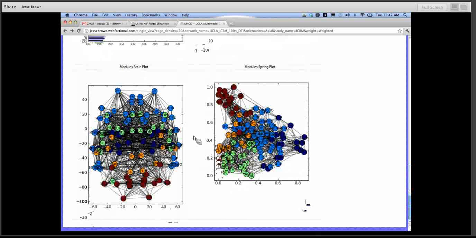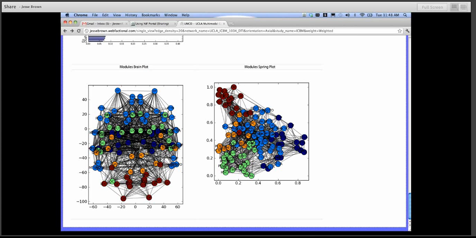And this is a 2D representation of the modularity. What you can see in this network is that the modules tend to align here. So there's this, you could maybe say, visual network, and then moving forward.